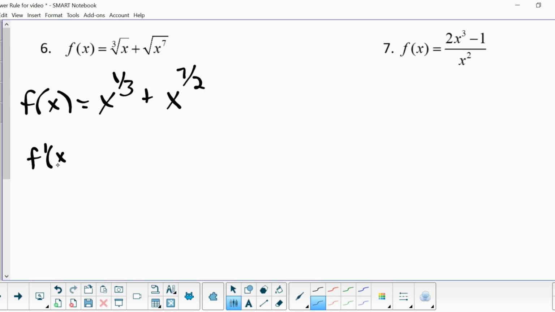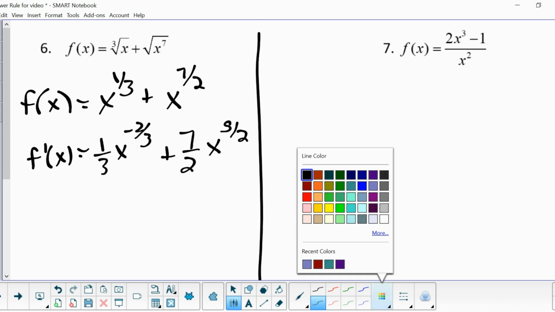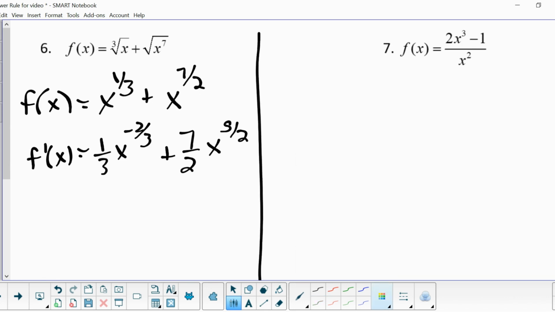So now my derivative becomes 1/3 x to the negative 2/3 plus 7/2 x to the 5/2. It's totally fine to leave these as rational exponents, but if you need to do something else with them because of the problem, you might need to go back to the radical. That's going to depend on the problem. And for right now, we're just going to be practicing.